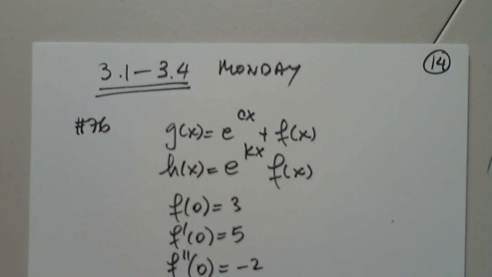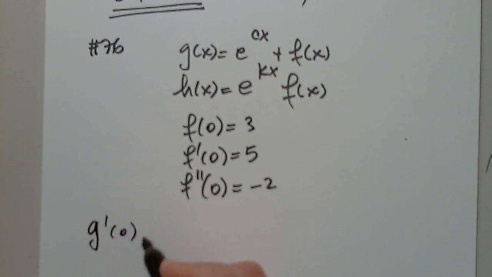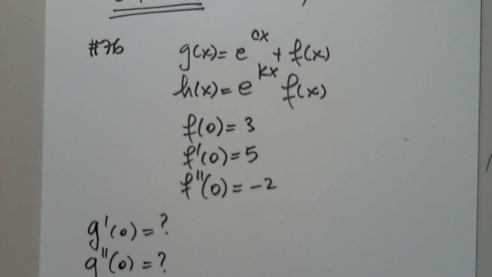c is a parameter, so we don't have to worry about it. So they're asking us to find g prime at 0 and g double prime at 0. Good.